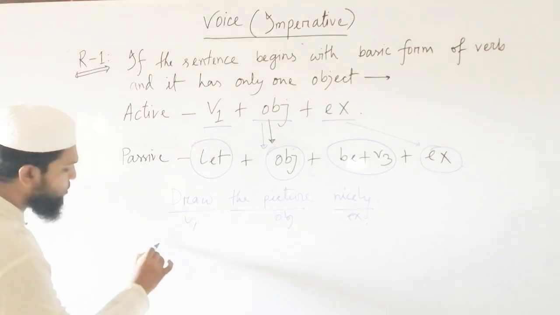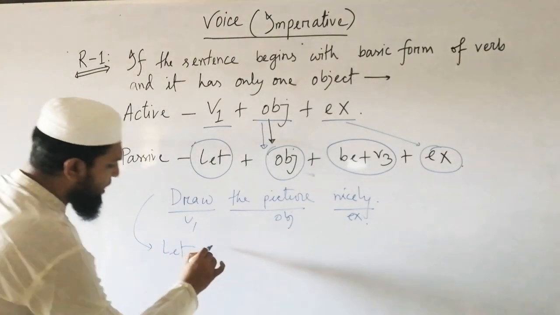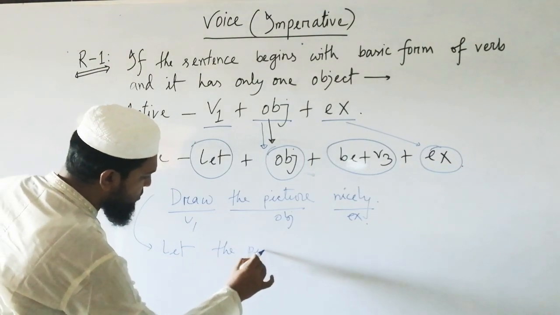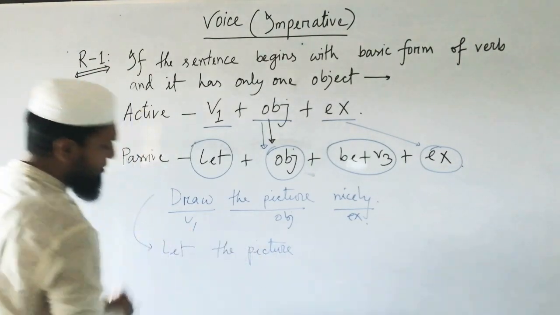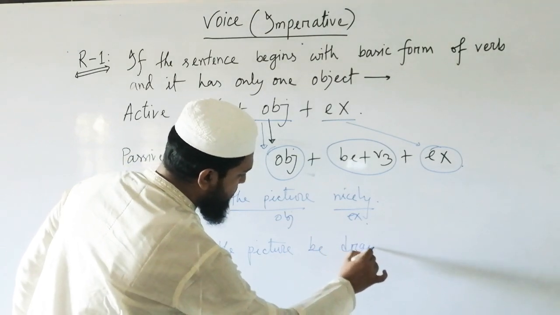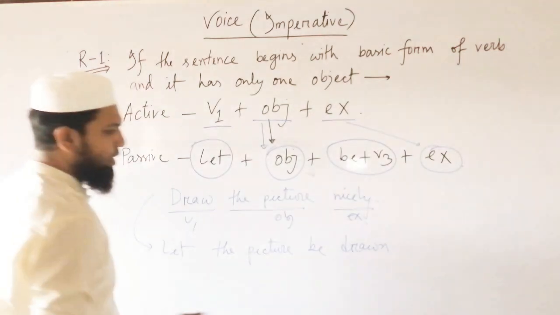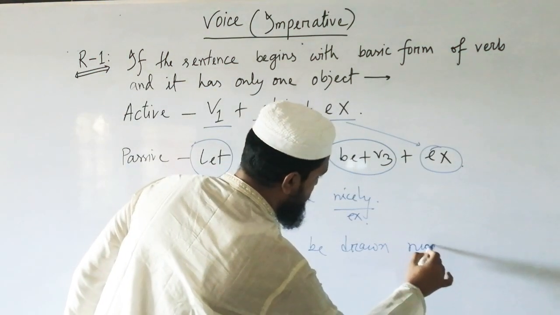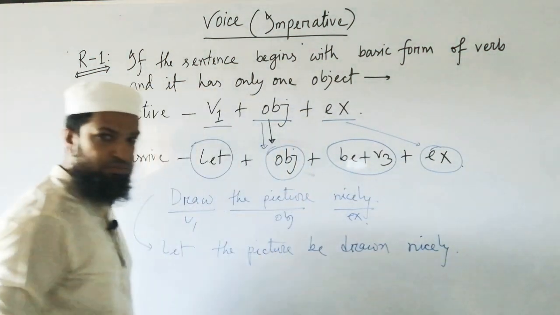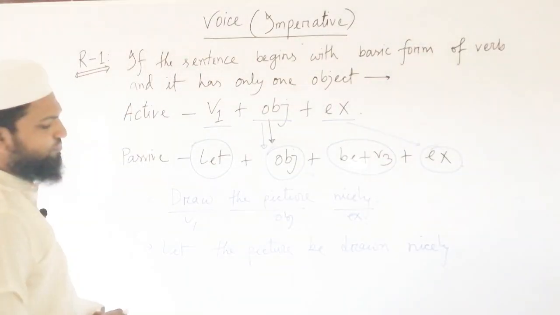At first I will use let, and then object, picture, and then be verb 3, and then extension. Is it tough? No, I don't think so.